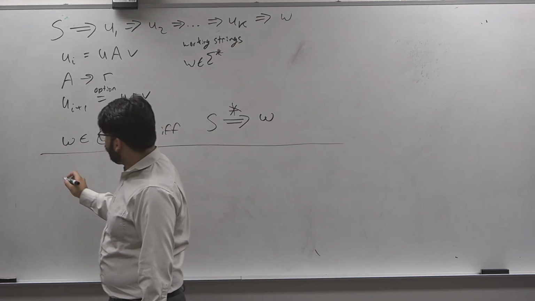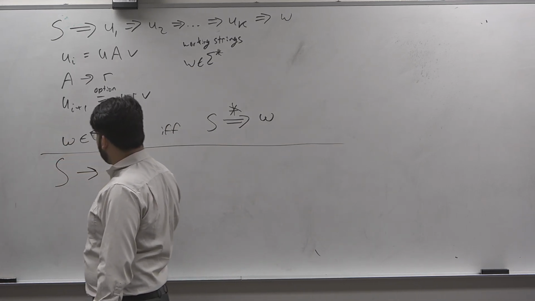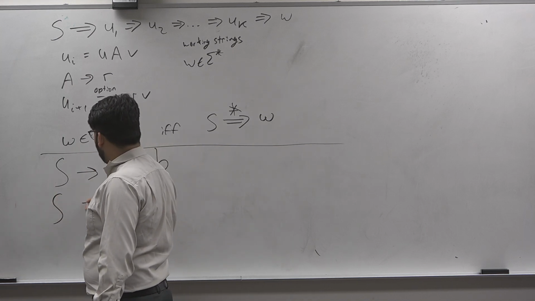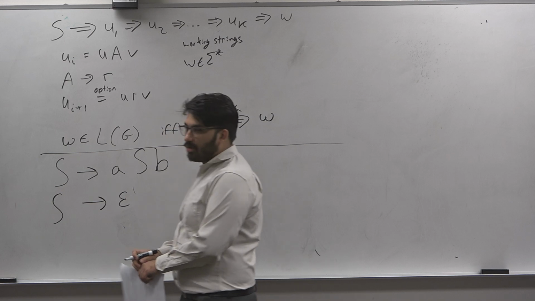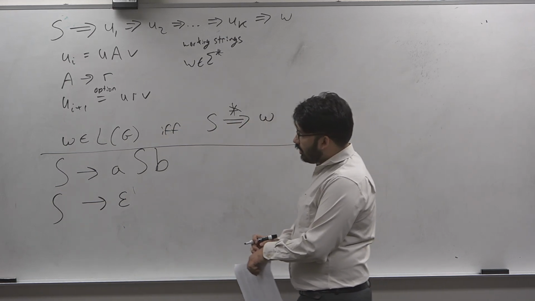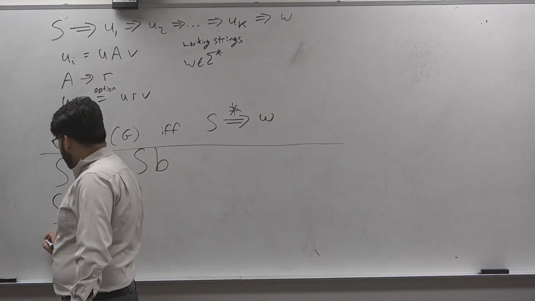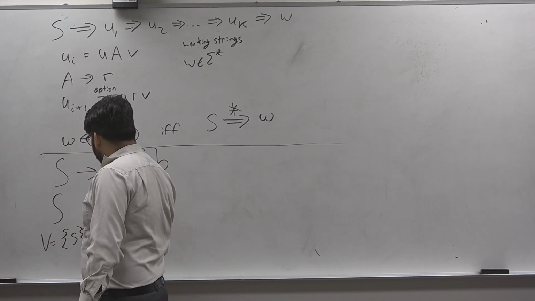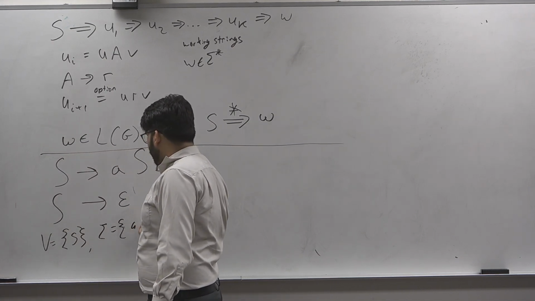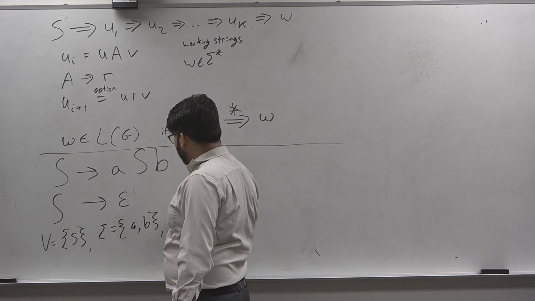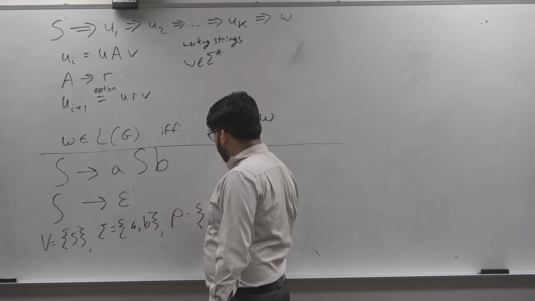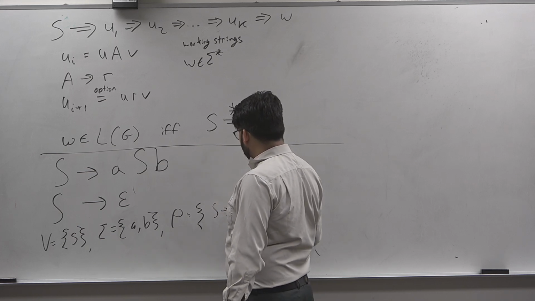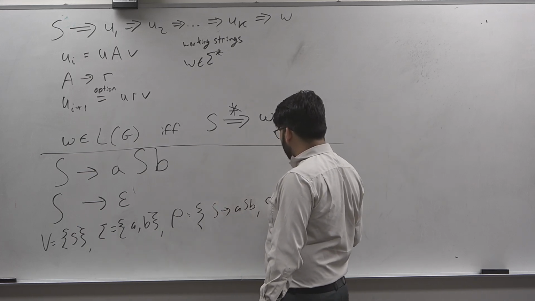Suppose I gave you the sequence of productions. S is going to go to A, S, B, and then S is going to go to the empty string. 2 productions here. Let's write out the parts. V is going to be just the set containing S. Sigma is going to be the set containing A comma B. Our productions are going to be 2 elements: S goes to A, S, B, and then S goes to the empty string.